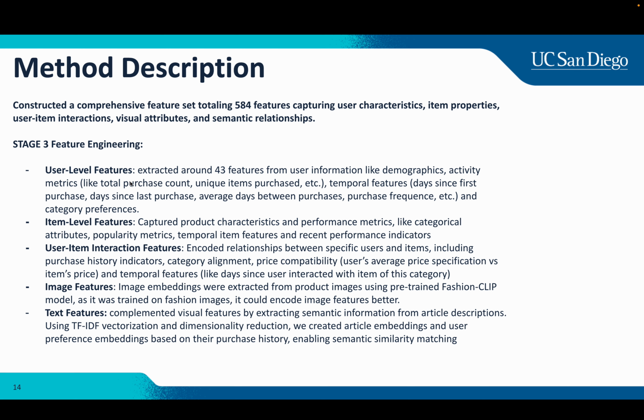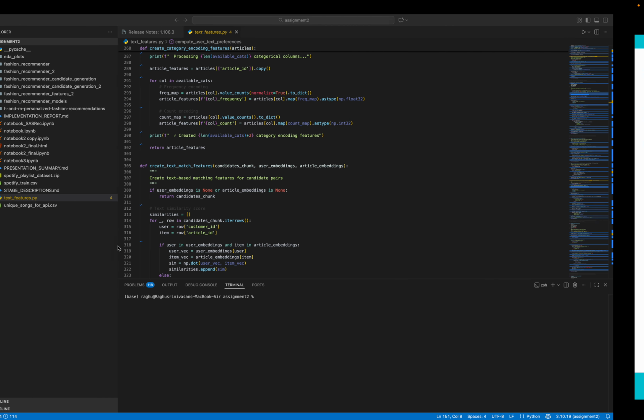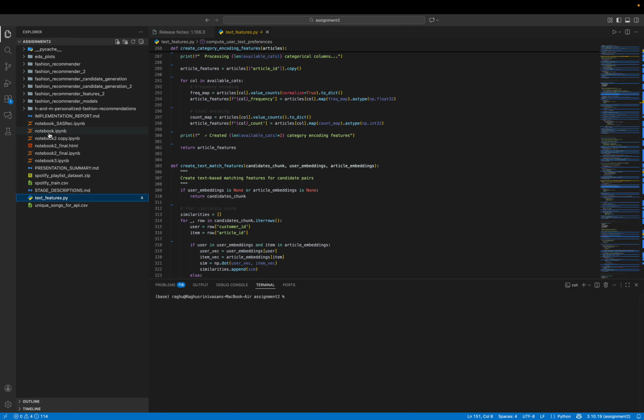For item level features, we use product characteristics and performance metrics like categorical attributes, popularity metrics, temporal item features, and recent performance indicators. For user item interaction features, we encode relationships between specific users and items, including purchase history indicators, category alignment, and price compatibility. All of these things were calculated during feature engineering, and the code for that is present here.